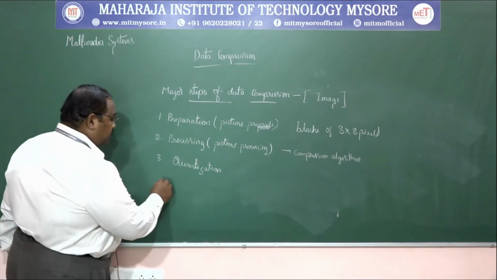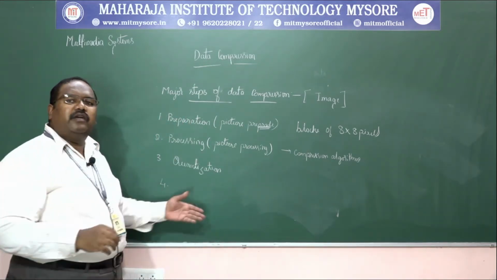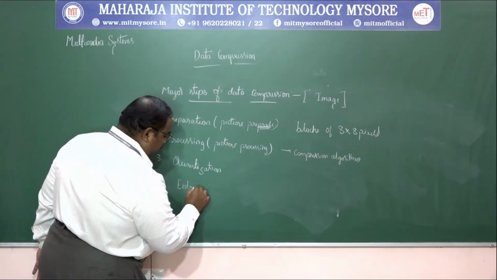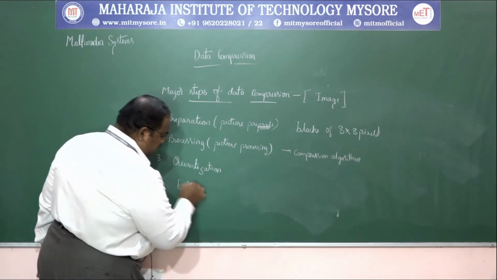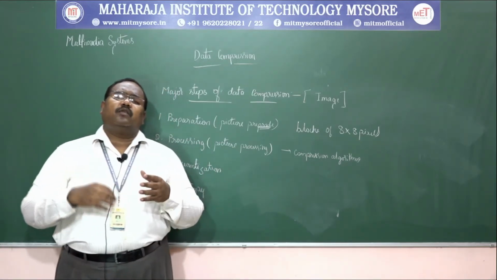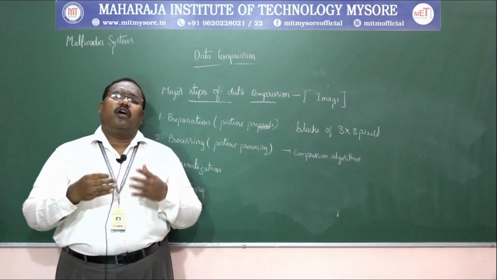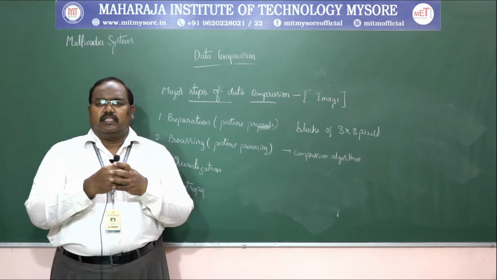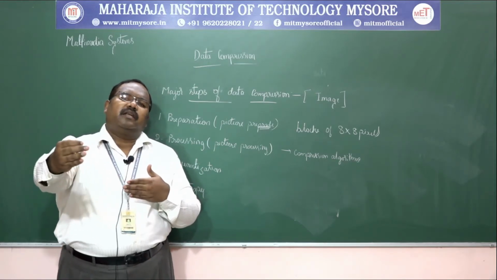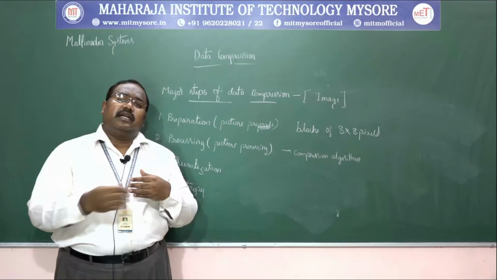And the fourth step is entropy coding, which we have discussed. What happens in this step? It starts with a sequential data stream of individual bits and bytes. When you talk about entropy encoding, there is a sequence of bits and bytes of data, which we call a data stream.